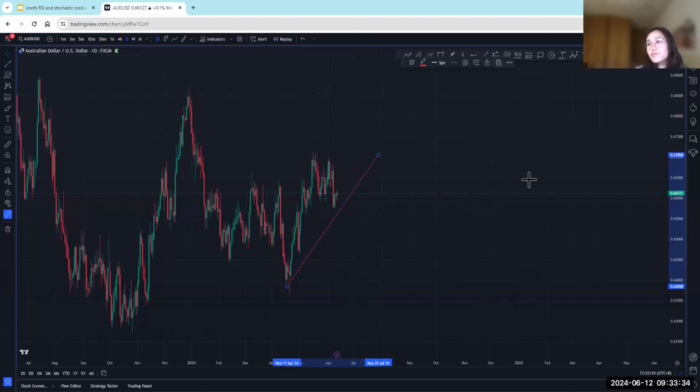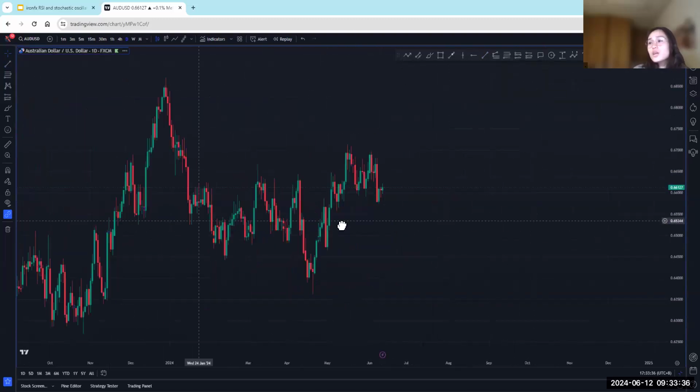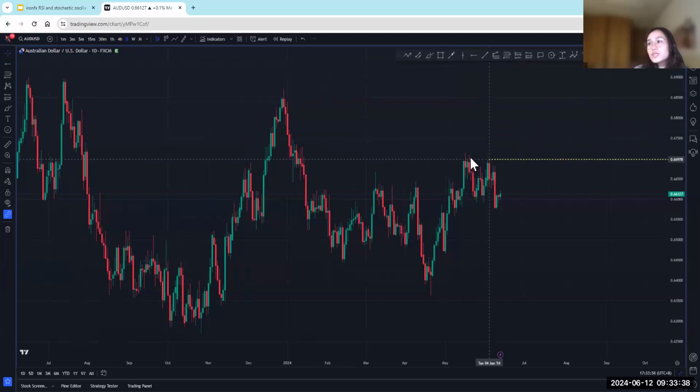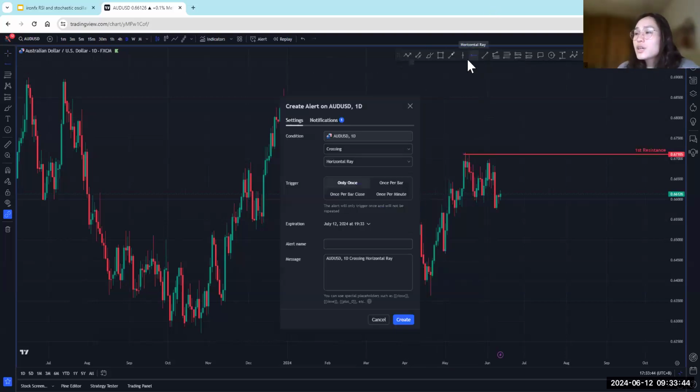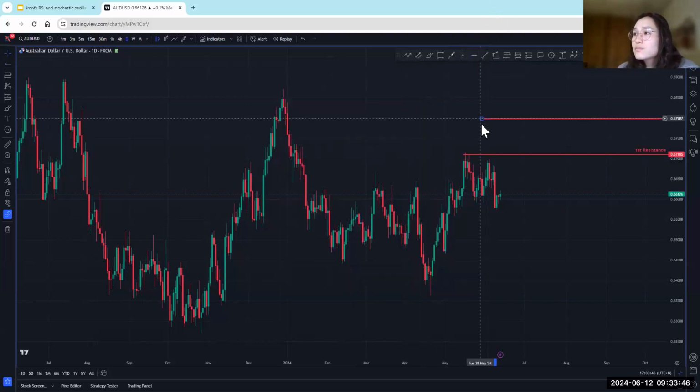Okay, so going in with our support and resistance levels first, I'm going to place my first resistance up here and my pivot over here.